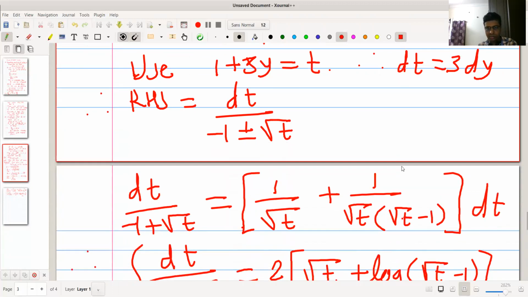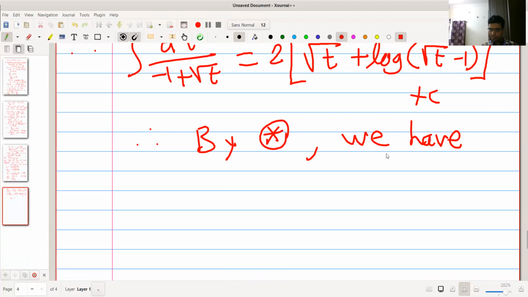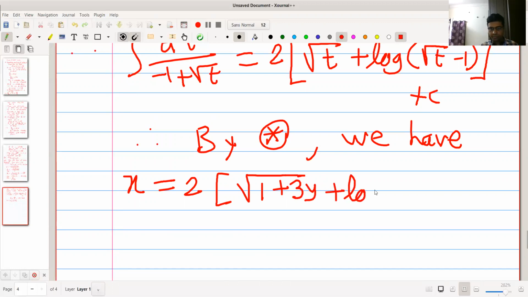Therefore by star, the left hand side is dx, and integration gives x equal to 2 times square root 1 plus 3y plus log of square root 1 plus 3y minus 1 plus c.